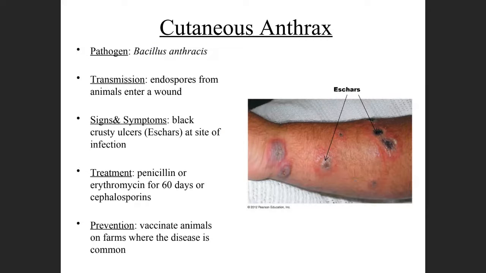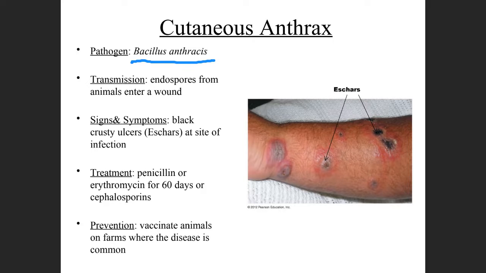Anthrax, we're back to anthrax. So last time we talked about pulmonary anthrax. It's caused by the same bacteria, Bacillus anthracis. But here we're going to talk about cutaneous anthrax, which is the form in the skin. Now, even though pulmonary anthrax is the most deadly form of anthrax, it's not the most infectious form.